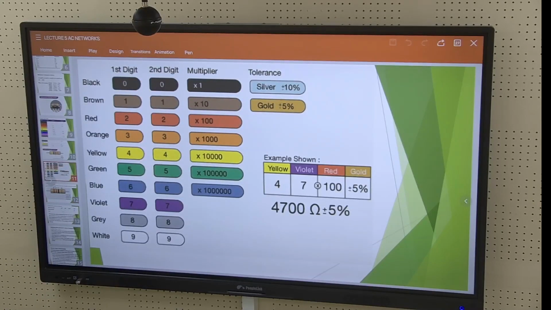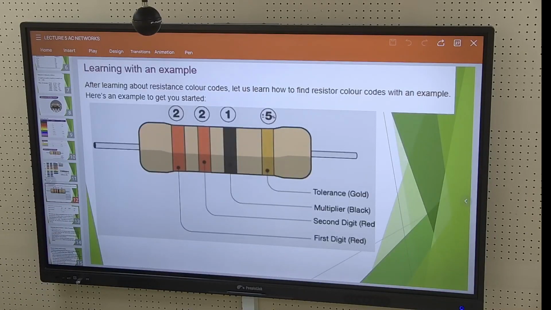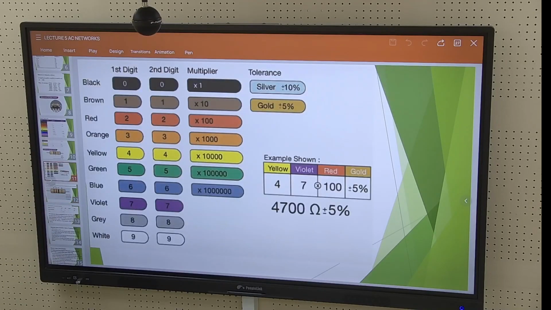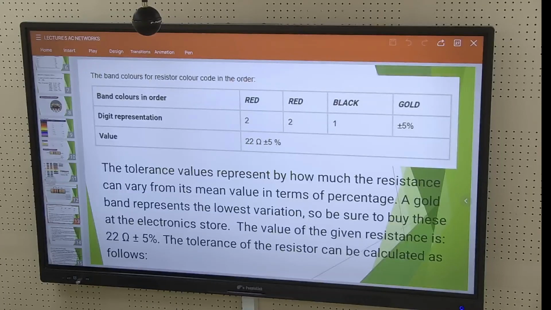Red is 2, 2, and black multiplier is 1, and gold is plus or minus 5.